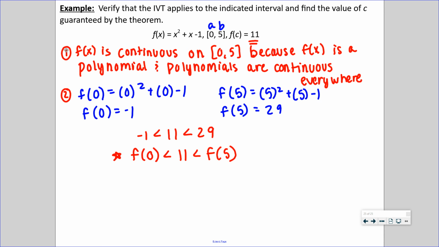All right, now your hypothesis is met. You've stated that it's continuous, and you stated that that output is in between the endpoints' outputs.